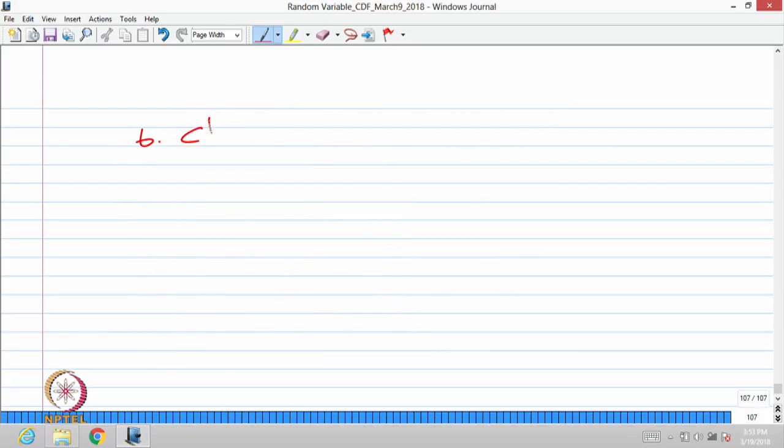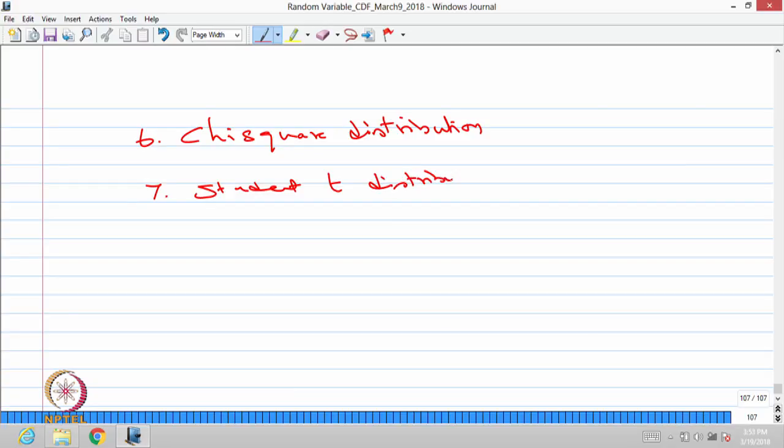Then we have the chi-square distribution. Then we have the student T distribution. Then we have the F distribution.